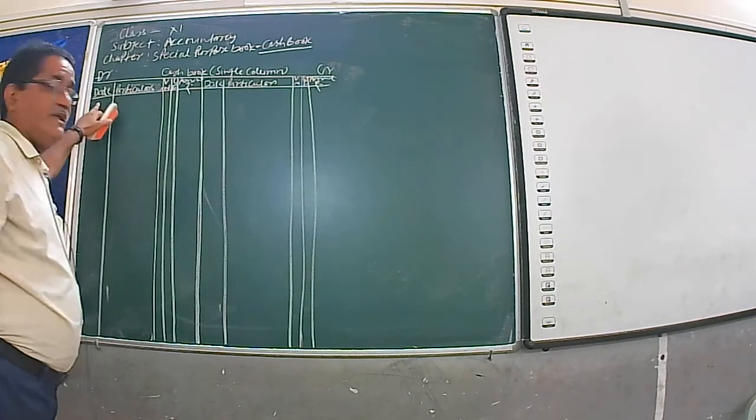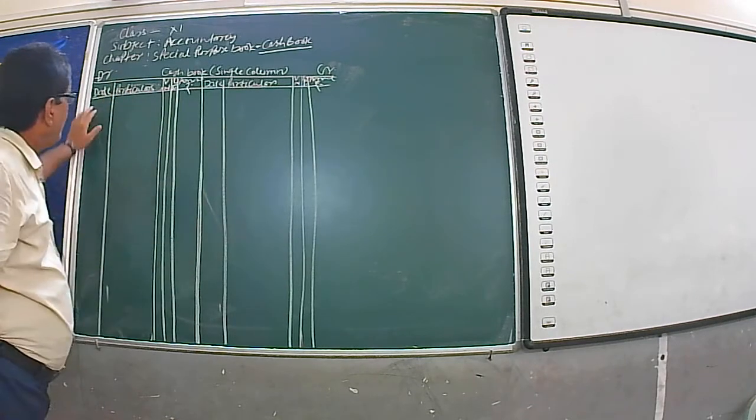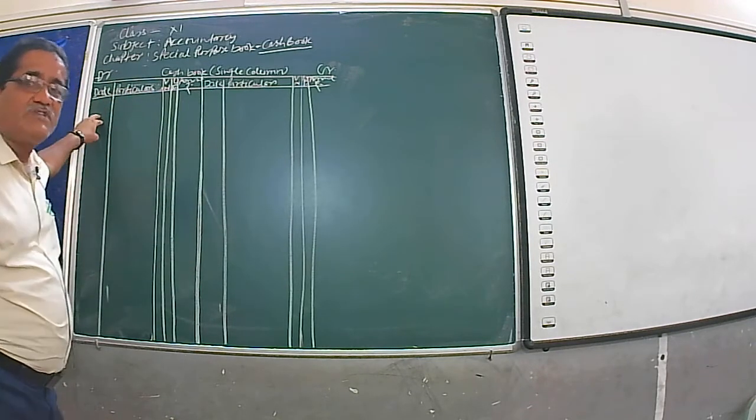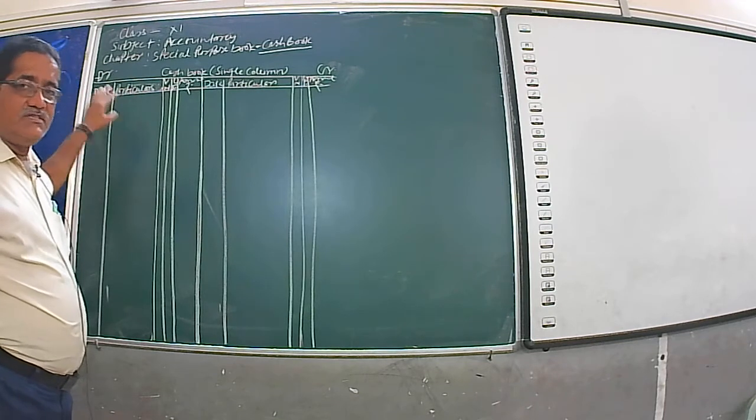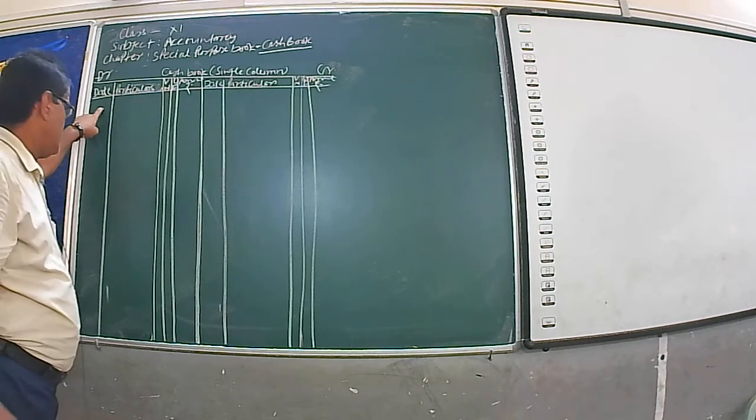One column for date, where you will have to write the date of every transaction which is noted in the debit side. The transactions which are noted in the debit side, you will have to write the date here.